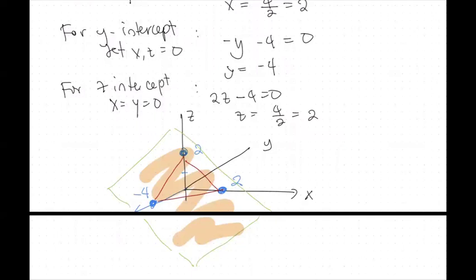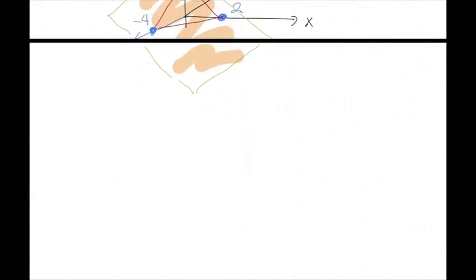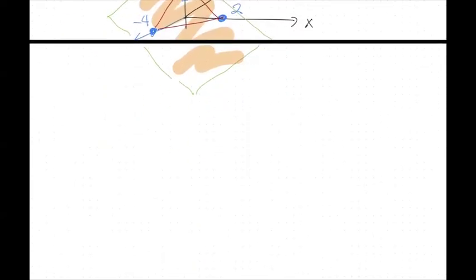So this is the rough sketch of our plane. Okay, so we're done with sketching planes. You can take a pause here, and then we will go to cylinders and spheres in a while.